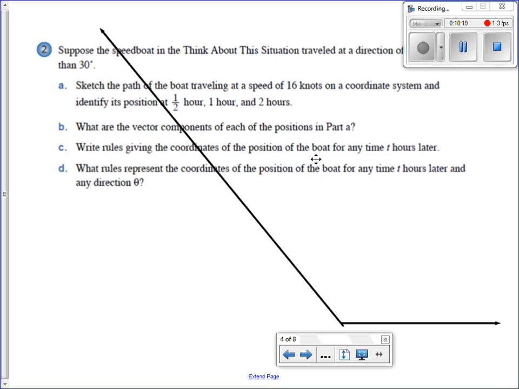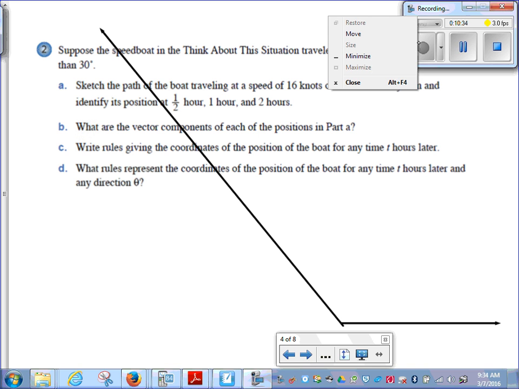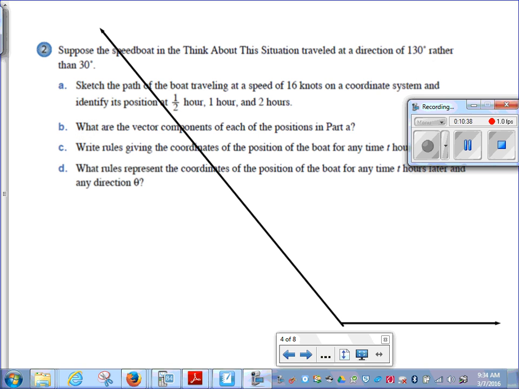So now we're going to start to develop even a little bit more of a parametric equation. Suppose the speedboat traveled at a direction of 130 degrees rather than 30.